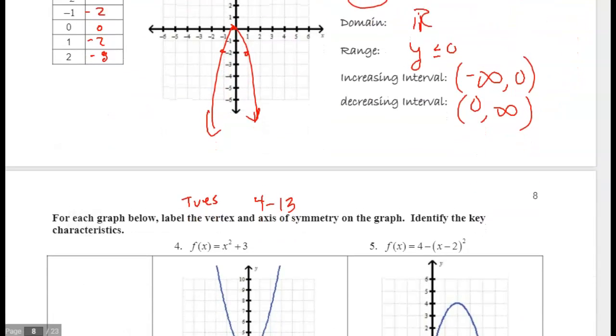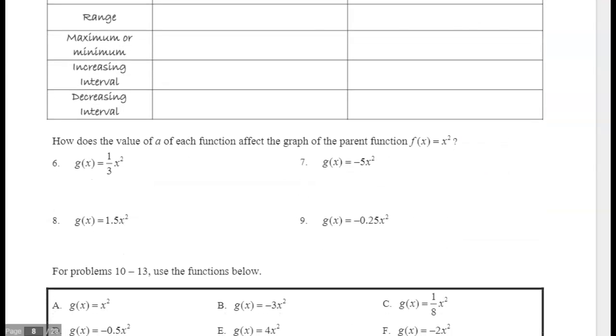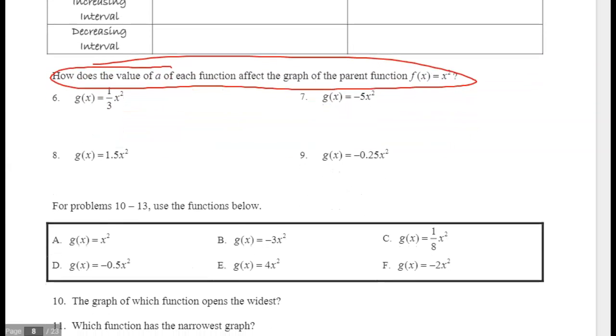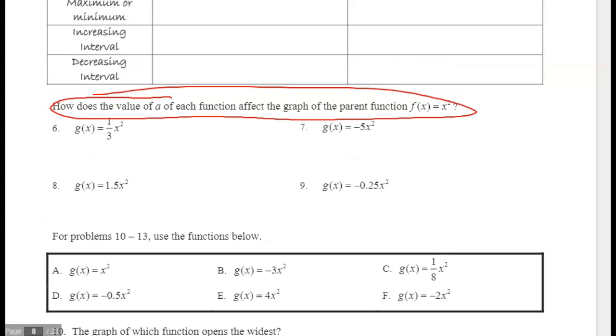Okay, so now we're on to page 8. So I said do 6, 7, and 8. How does the value of A affect each of these? So my A is 1/3, so it makes it wider.